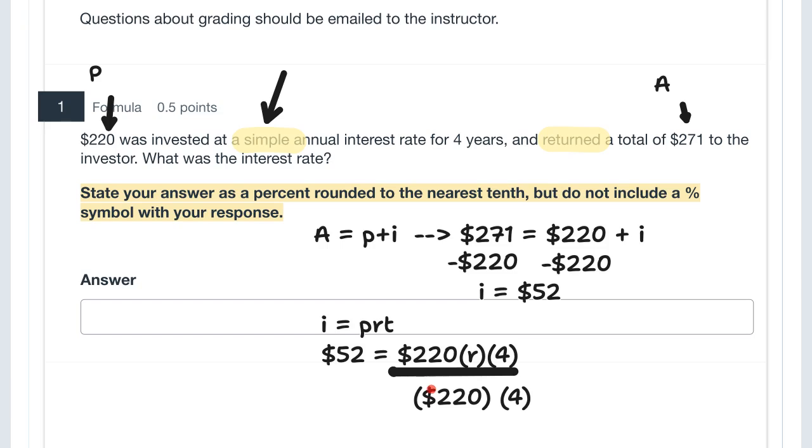Now, I see a lot of students wanting to multiply those and divide by 880. That's fine. But realize you can just type this into your calculator and do 52 divided by 220 and also divide by 4. Okay. So that side, also divide this side by those same amounts, right?